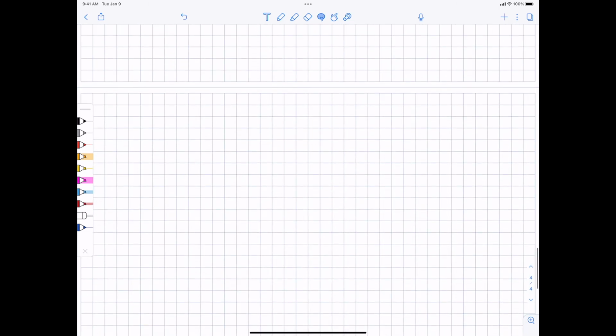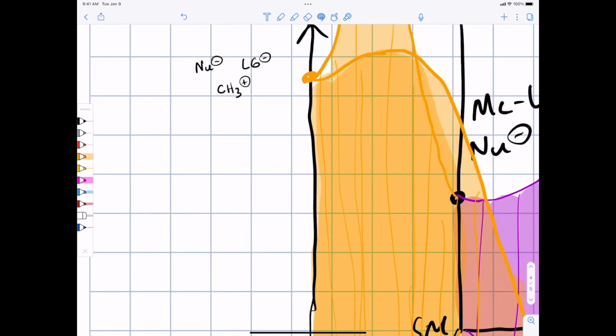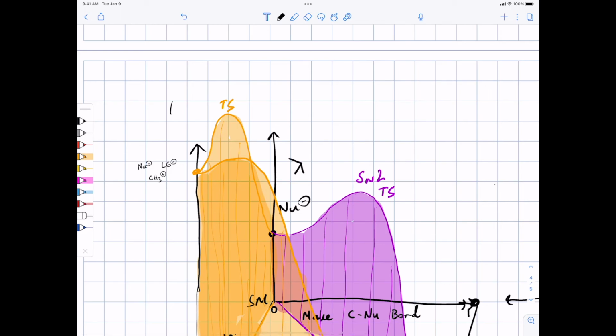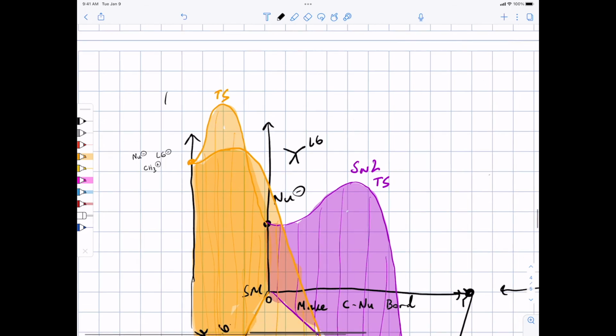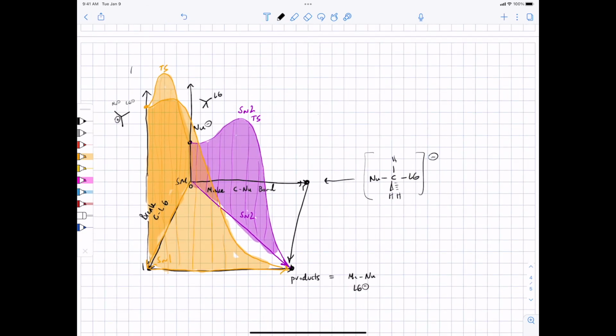Let's adjust the drawing for if our starting material, instead of being a methyl group, were a T-butyl leaving group, okay? Such that the cation here is the T-butyl cation, right.